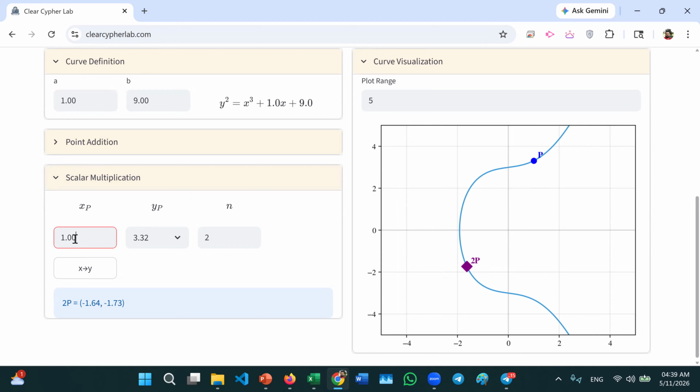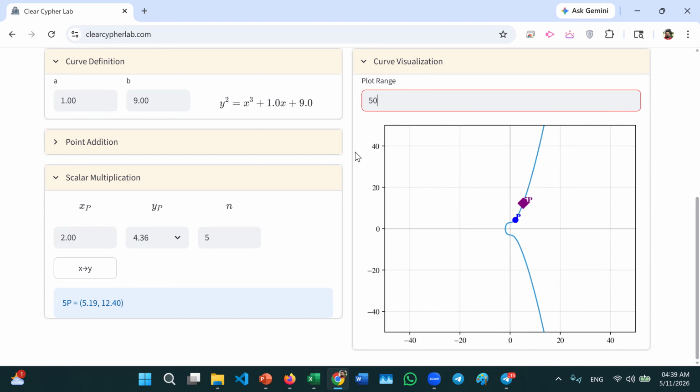So I'm going to enter maybe 2 here, and then the value of 2P, which is P plus P, equals -1.78 and 1.27. You can increase the value of n, maybe to 5. Okay, you don't see the result because the range is not enough.